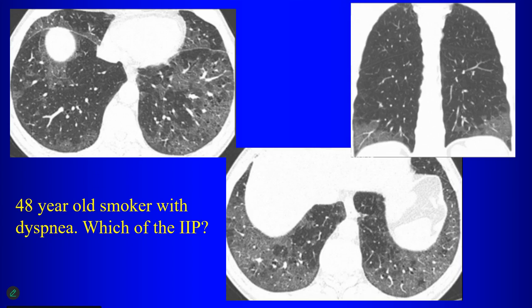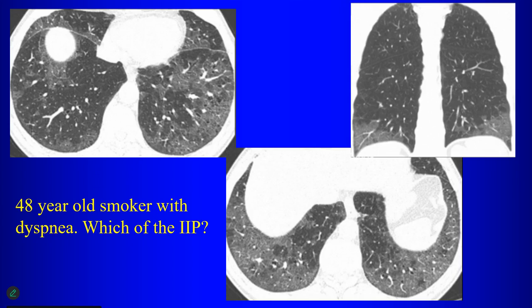So that implies that the opacity is from desquamated pneumocytes. Is that correct? The macrophages. Yeah. So the naming of this was a misnomer. When Liebow was naming the interstitial pneumonias, under the microscope, he thought that the cells that he was seeing within the alveolar air spaces were desquamated pneumocytes. It turns out that that's not correct, that the cells are alveolar macrophages that accumulate within the air spaces.